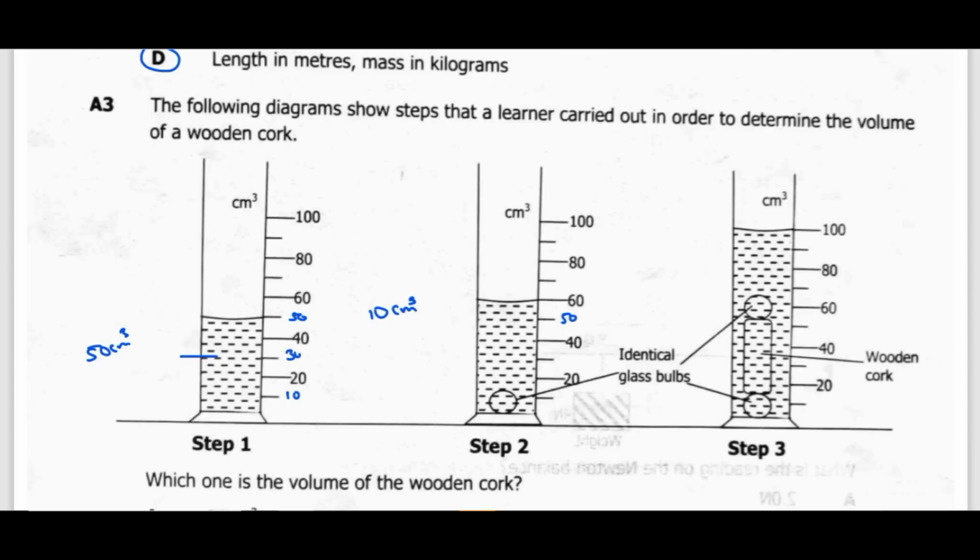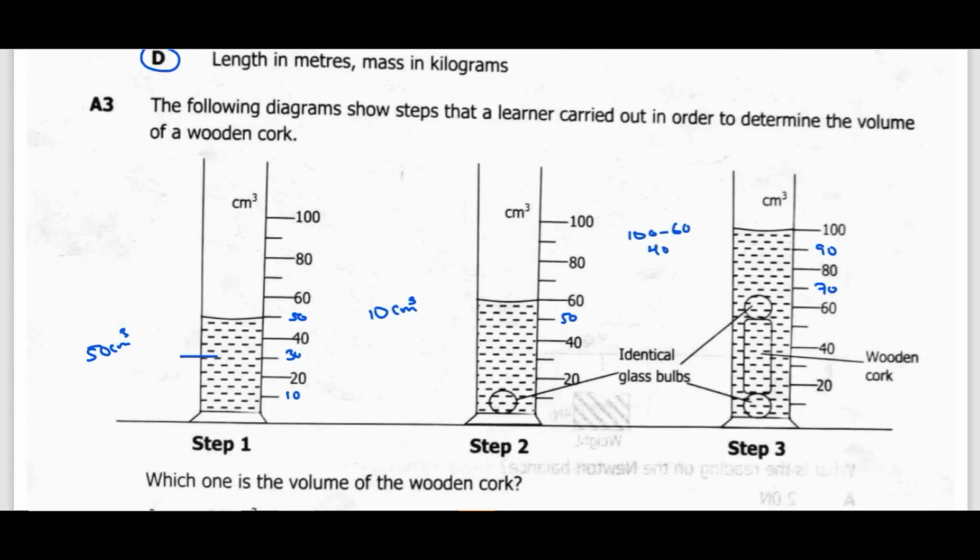Here it has increased from 60 to 100. Here we have 70, and then here we have 90. So from 60 to 100, meaning that 100 minus 60, what are we going to have? We're going to have 40 there. So that is an increment there.